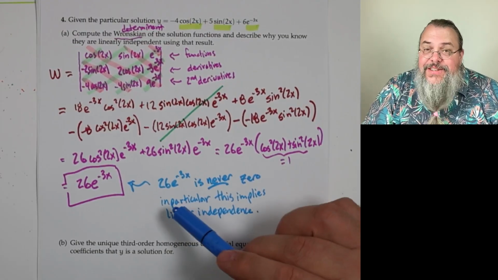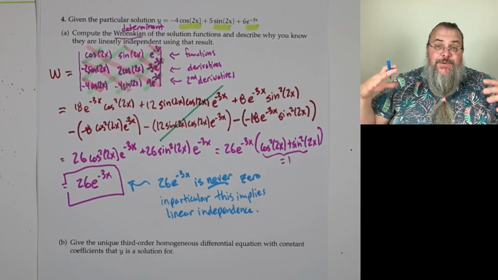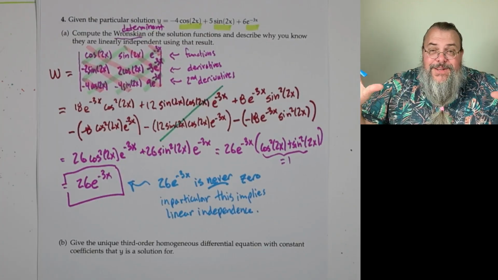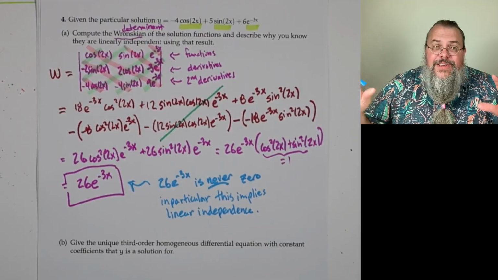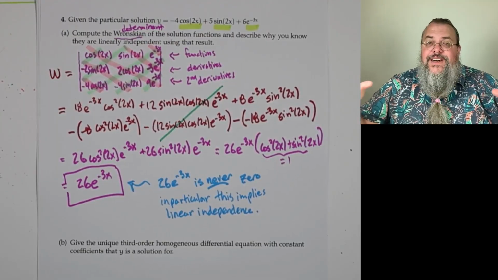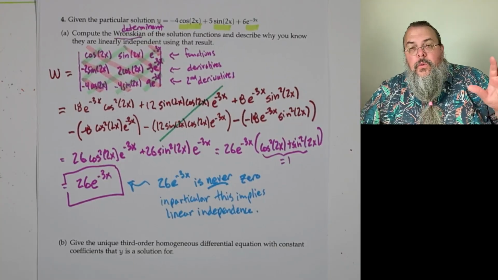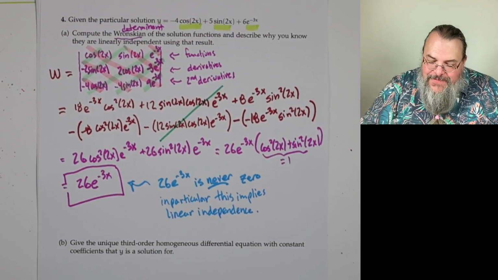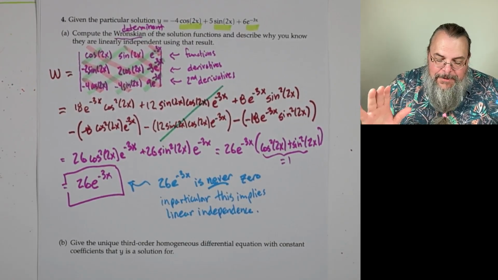Now notice 26 is never 0, but also one of the nice things about the exponential function, it's a beautifully optimistic function. It always looks at the bright side of life. And it's always positive. All right, so that's part A.